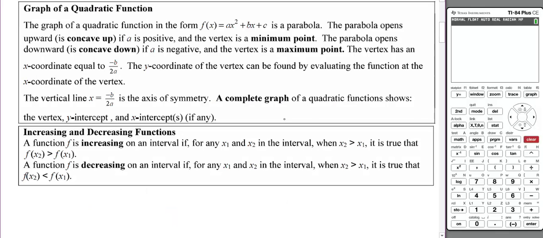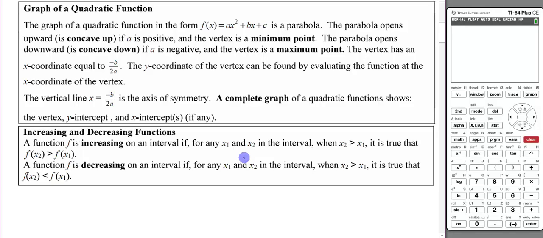Further, with the graph of a quadratic function, we know that a parabola is going to open upward or be concave up if a is positive. So if the coefficient of x squared is positive, then it's going to be opening up. And that way the vertex is the minimum point.